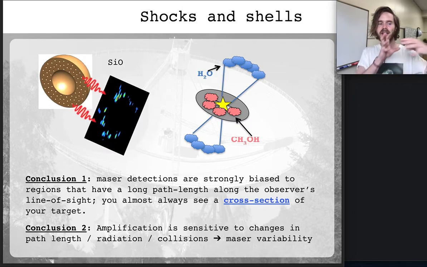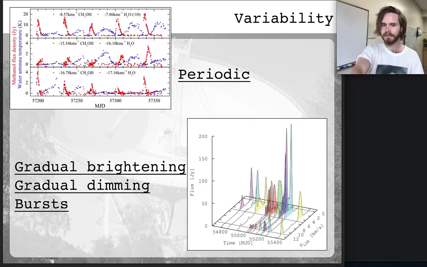So if your maser is getting longer or shorter, which doesn't happen often, but it could, or if the radiation field, so in the case of the methanol masers, if the disk is getting warmer, we might get brighter methanol masers, and if the shocks are getting stronger or weaker, we might get stronger or weaker water masers. So this opens the field of maser variability.